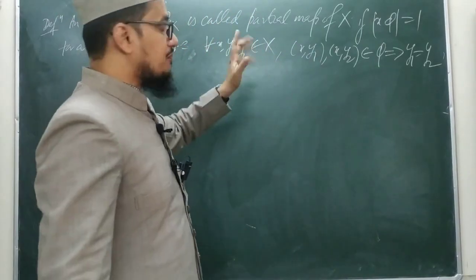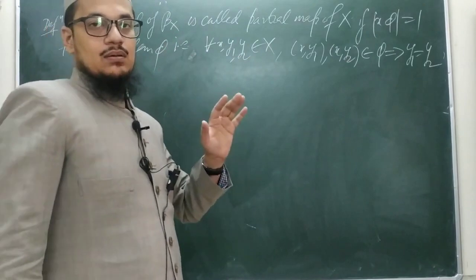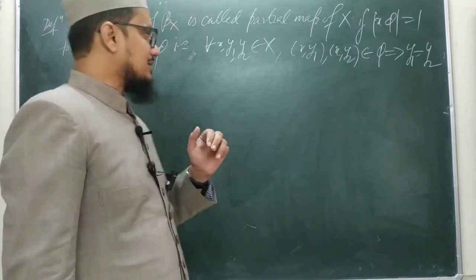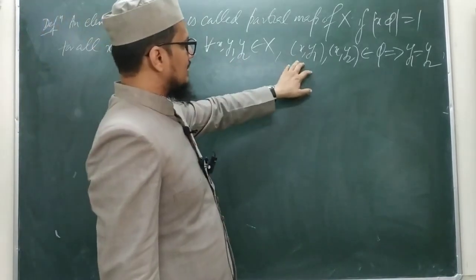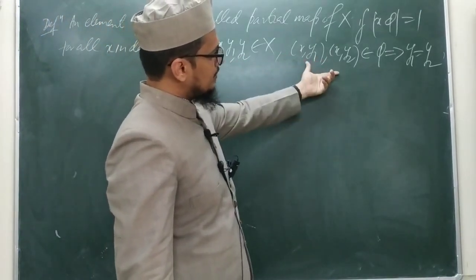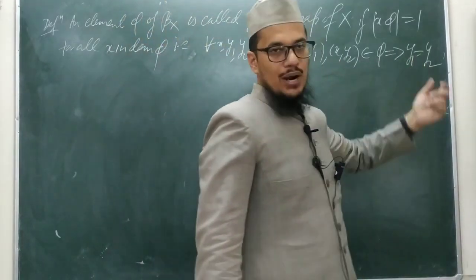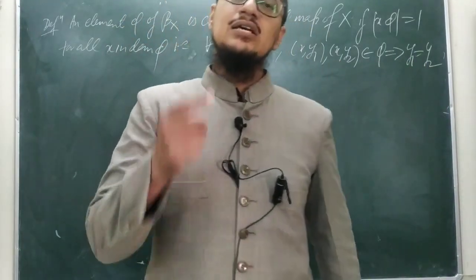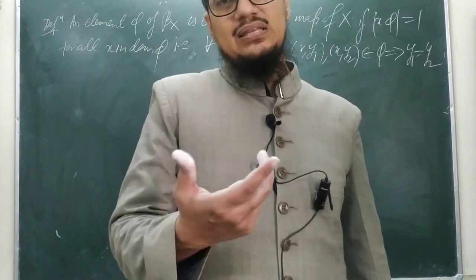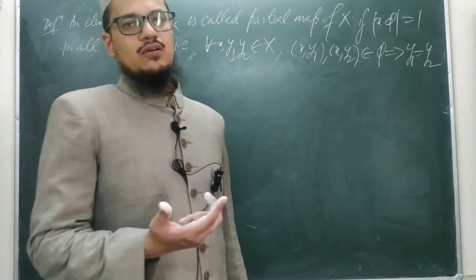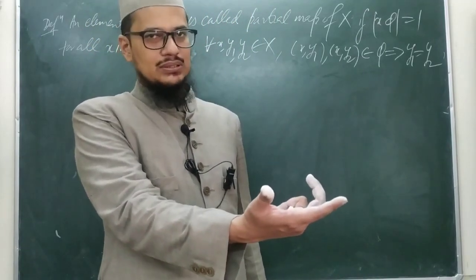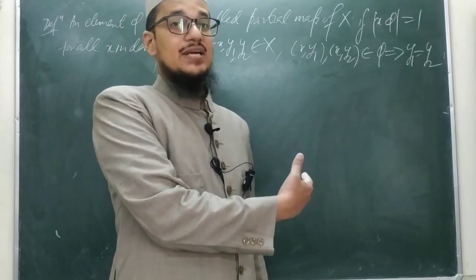Now this is the case of a partial map, so one condition is relaxed. See here, the element x has two images, y1 and y2. If it has two images, then y1 must be equal to y2. It means that every element has a unique image. It may be possible that there is an element in the domain which is not related to an element in the codomain. That is why it is not a map. It is a partial map.